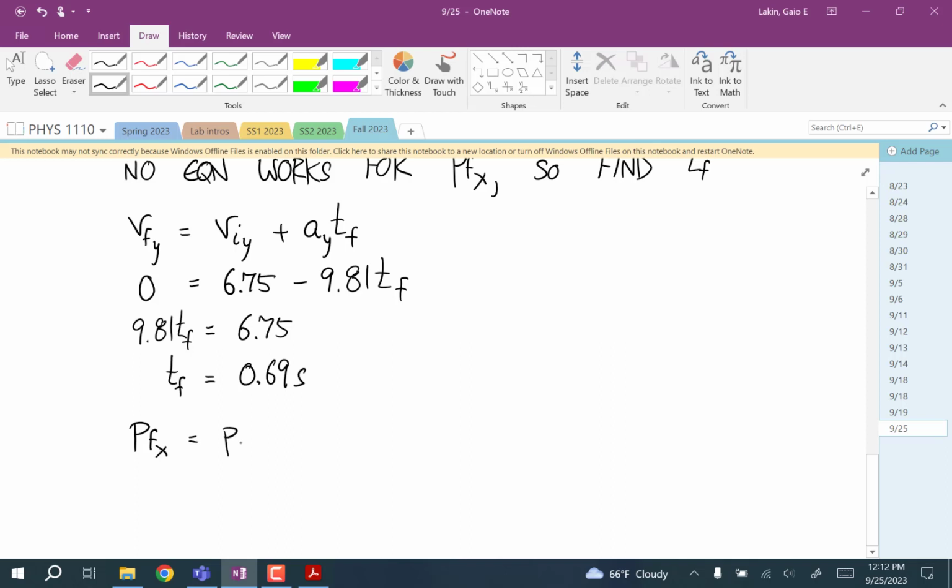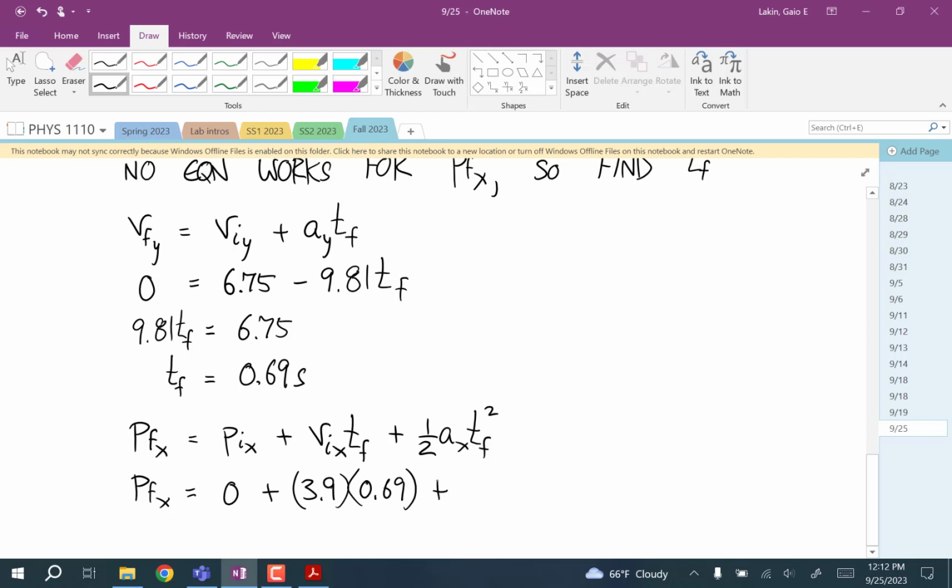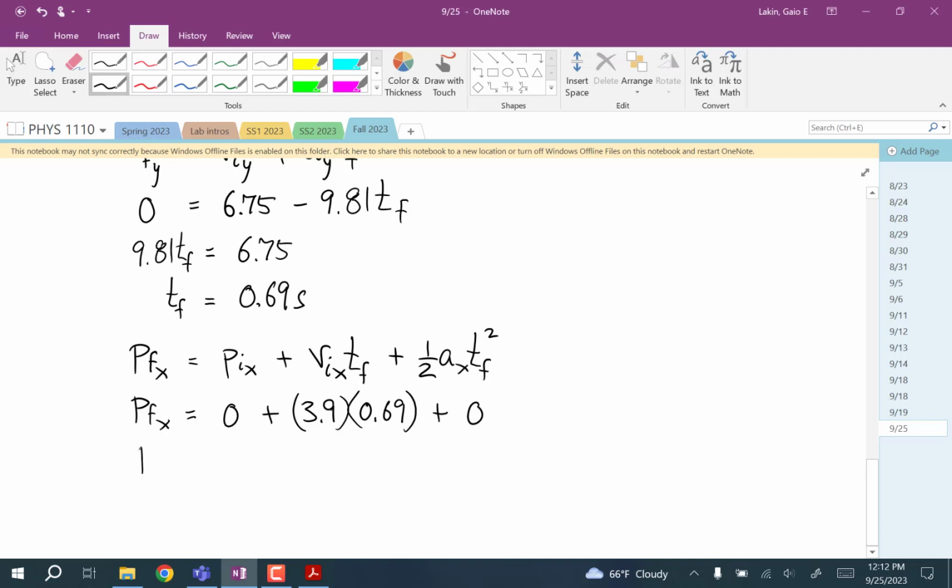PFX is equal to PIX plus VIX TF plus 1/2 AX TF squared. So PFX is equal to 0 plus 3.9 times 0.69, and then AX is 0, so that's 0. And what's 3.9 times 0.69? 2.69.